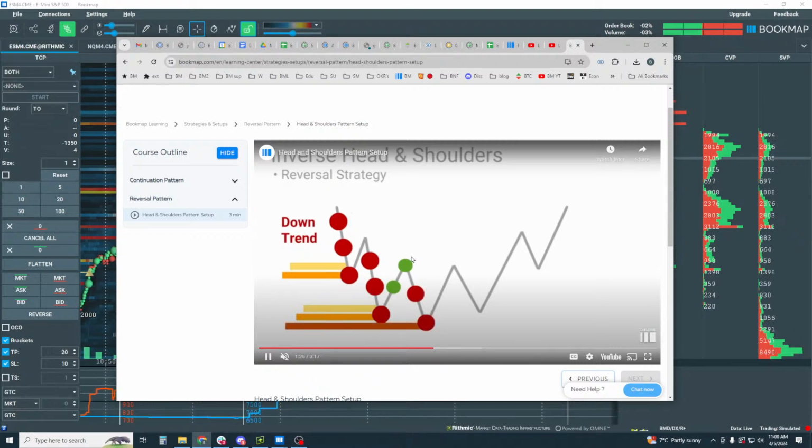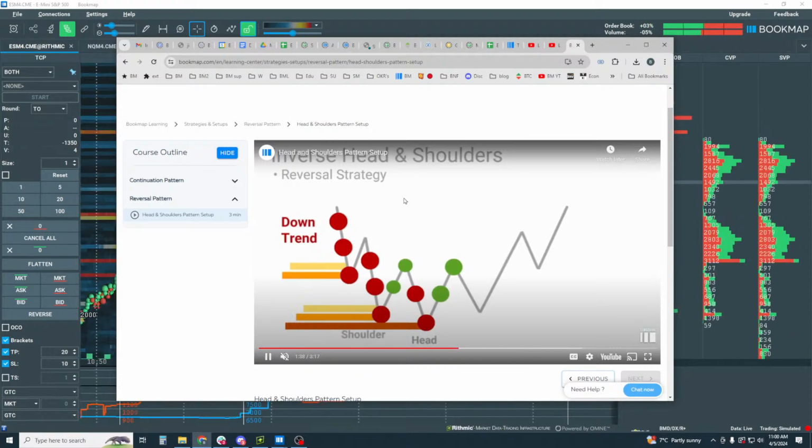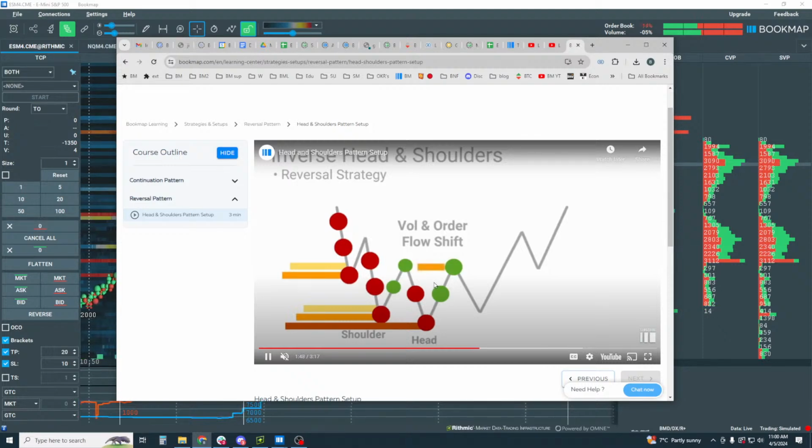It starts to turn around a little bit. We see high liquidity on the bid in this pattern here, and typically it will transact. Then we see even bigger clusters in here, but we have not seen things reverse yet. We're looking for this volume and order flow shift. This is the criteria we're going to look for as well.